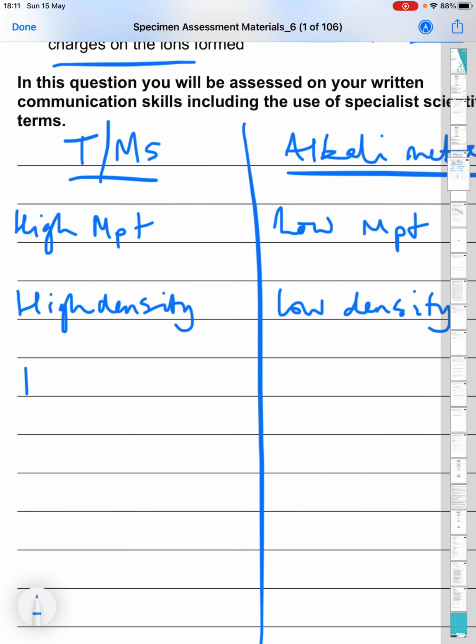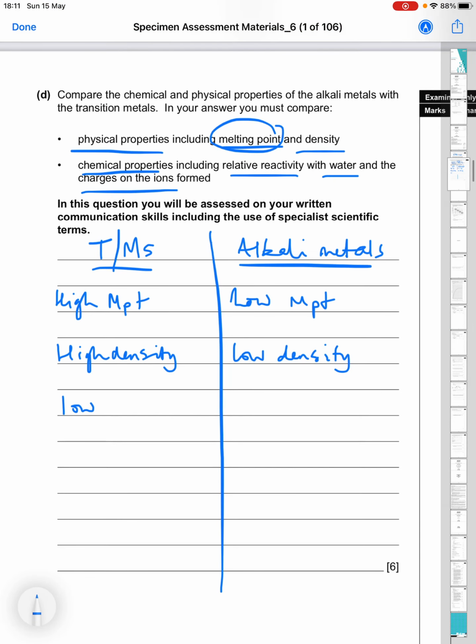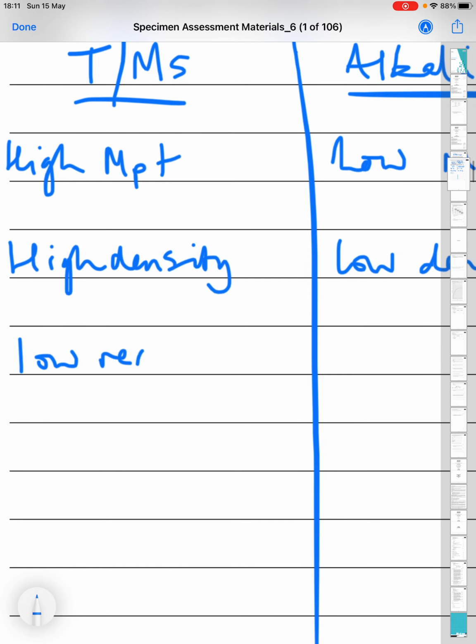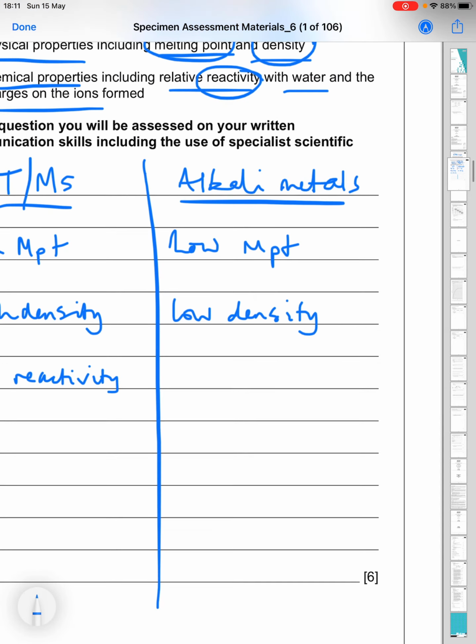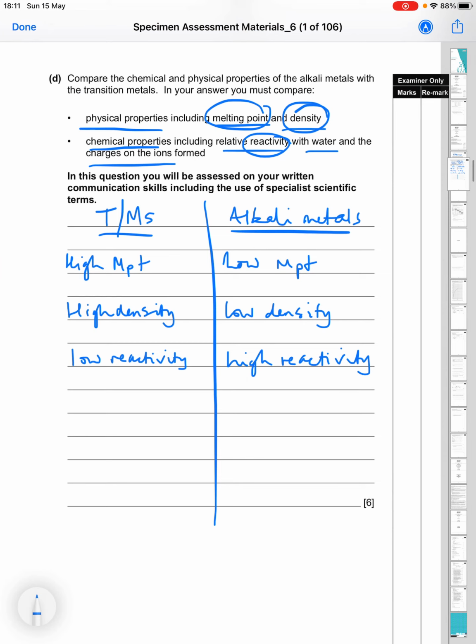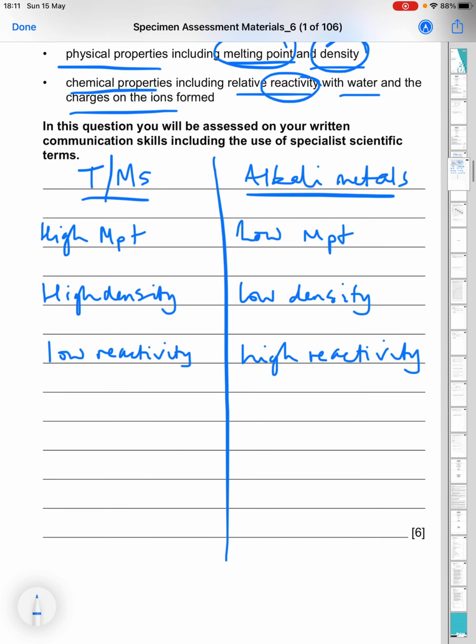The transition metals have low reactivity. So that was the melting point and density, then the chemical properties, so reactivity first. Transition metals have low reactivity, where the alkali metals have high reactivity. You think the difference between something like gold or silver or copper and then potassium is quite significant.